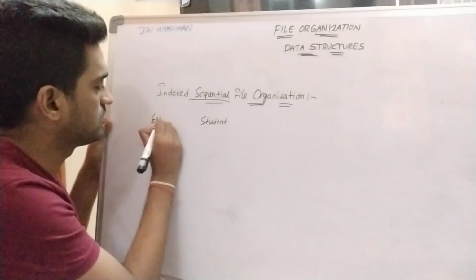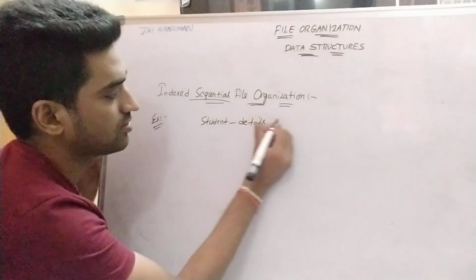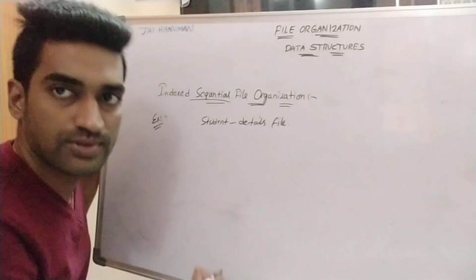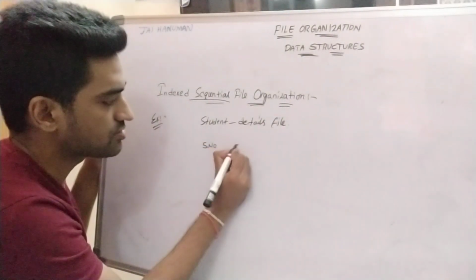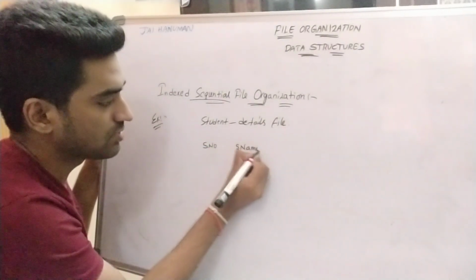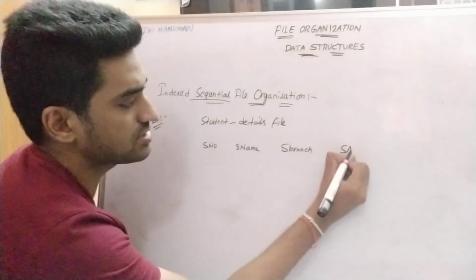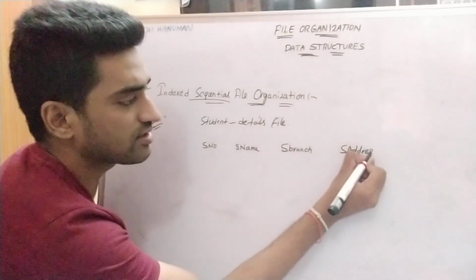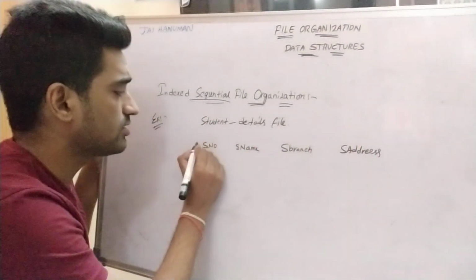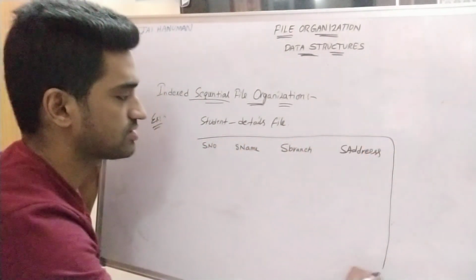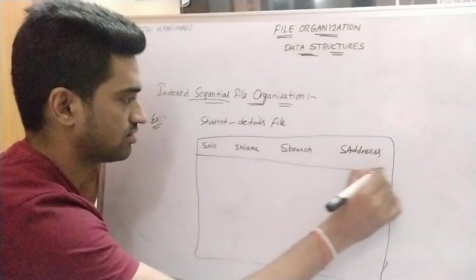So the student details file contains student number, student name, student branch, student address. These are the general fields present in a student details file, right? So here I am considering this is our file, and some records in this file.